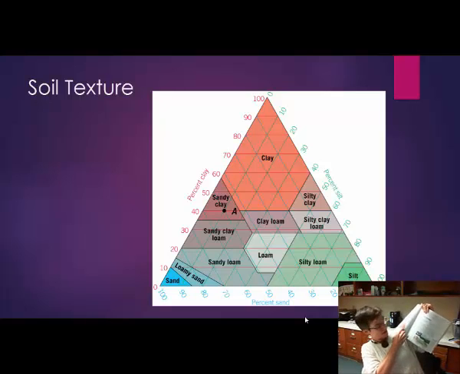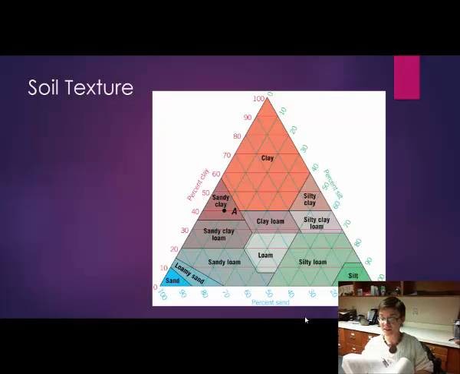So this loam right here, if we follow the lines, a loam is 40% sand, which is the largest grain size, 40% silt, which is the medium grain size, and if we go out this way, 20% clay, which is the very smallest grain size.